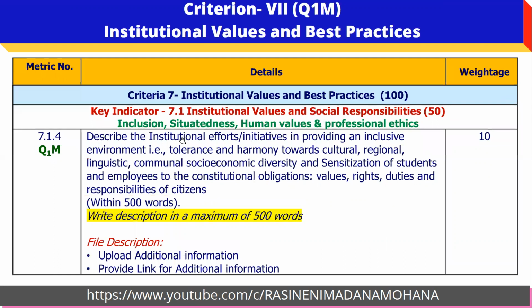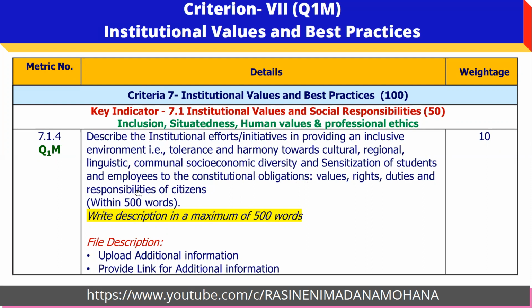Then the next qualitative metric 7.1.4 comes under the same key indicator 7.1, institutional values and social responsibilities, which carries 10 weightage. This is related to describing the institutional efforts or initiatives in providing an inclusive environment, that is tolerance and harmony towards cultural, regional, linguistic, communal and socio-economic diversity, and sensitization of students and employees to the constitutional obligations like values, rights, duties and responsibilities of citizens.